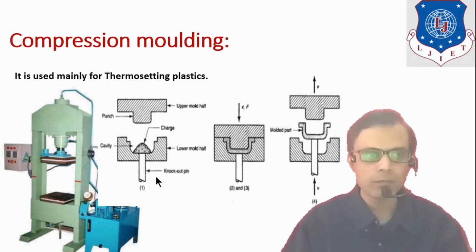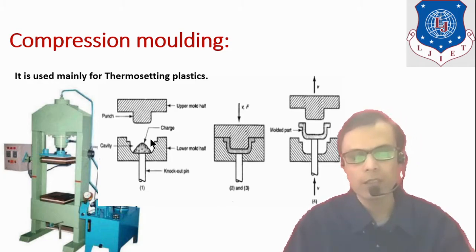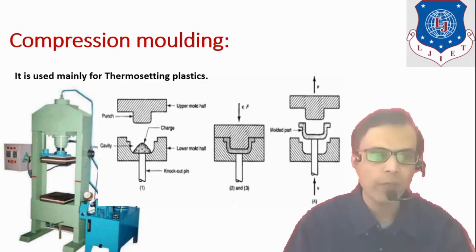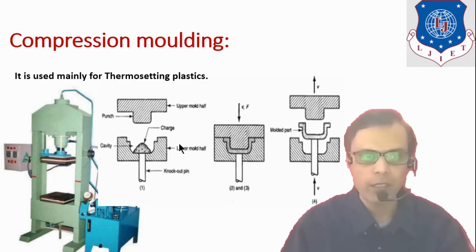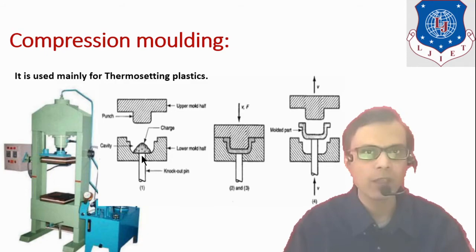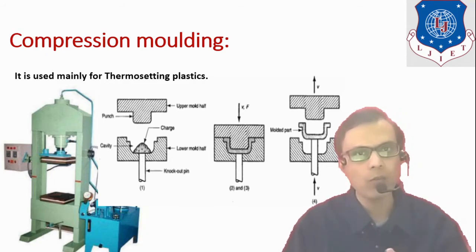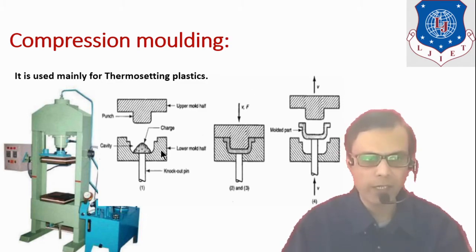stages. In first stage, the raw material in the form of granules or pellets is placed in the lower mold half. It is preheated and it can be preheated in ovens. So that preheated raw material is now placed in the lower mold half.